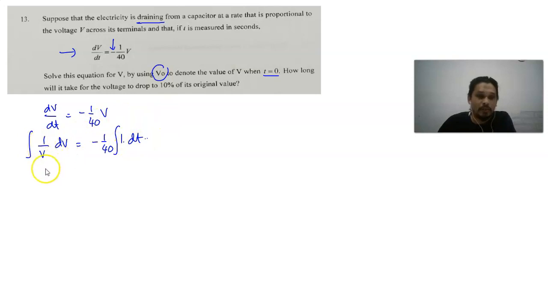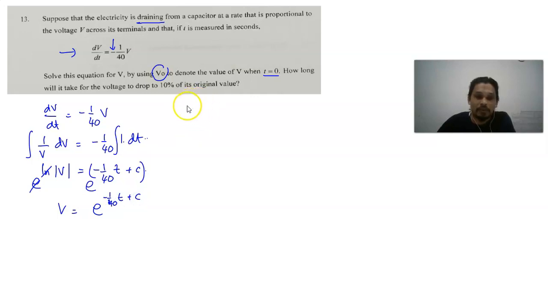Okay, integral of 1 over V, so natural log of V equal to negative 1 over 40 t plus c. And come up with the constant, Euler's constant e here and also e here. So V equal to e to the power of negative 1 over 40 t plus c.